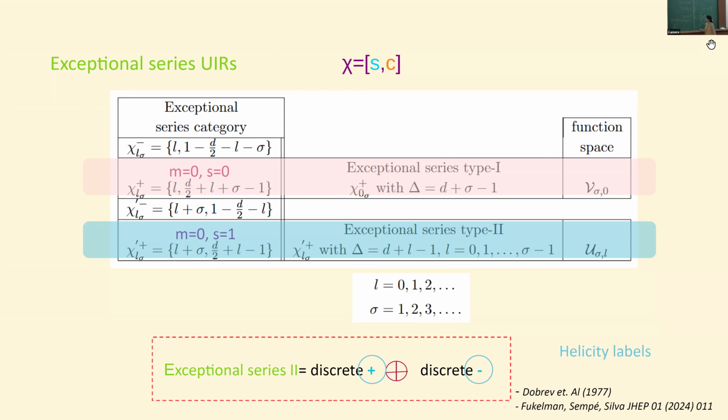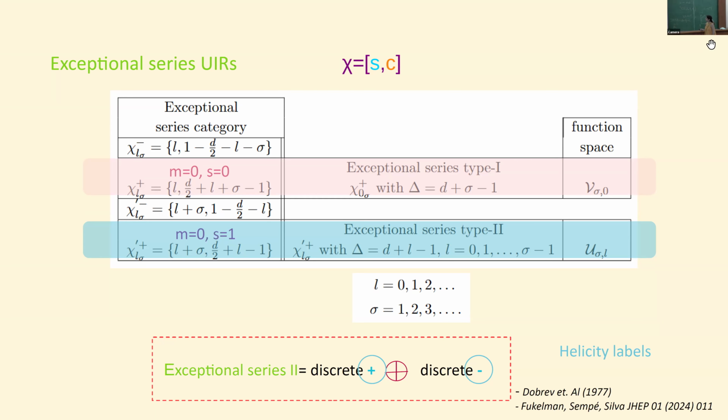So these are all the exceptional series categories. And the discrete ones, we will look for them in here. So they get these extra labels, L and sigma, that work into our main labels, S and C, in this particular way, a different way for each category.